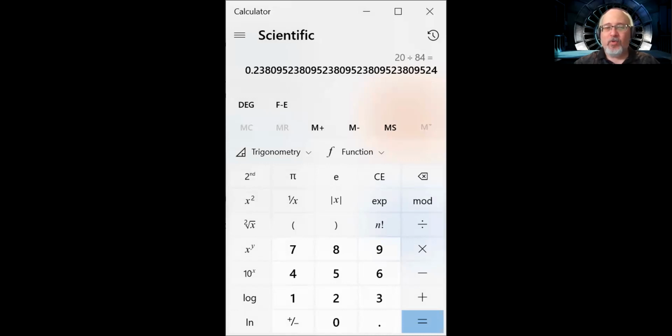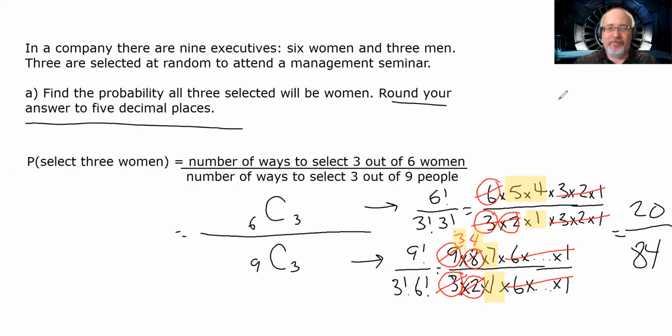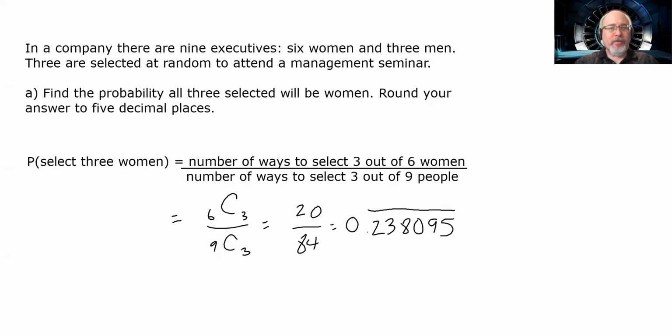Actually, let's go back to the board. 238095. And let's clean this up. The probability is 0.238095.